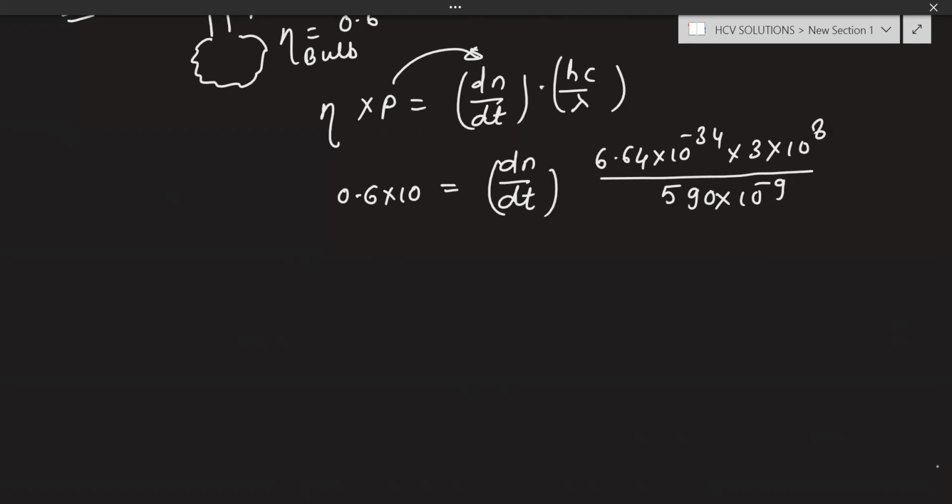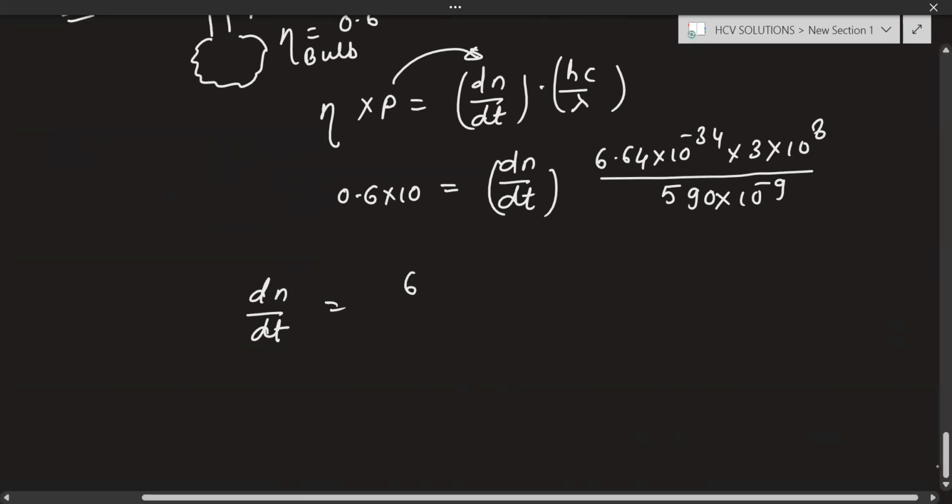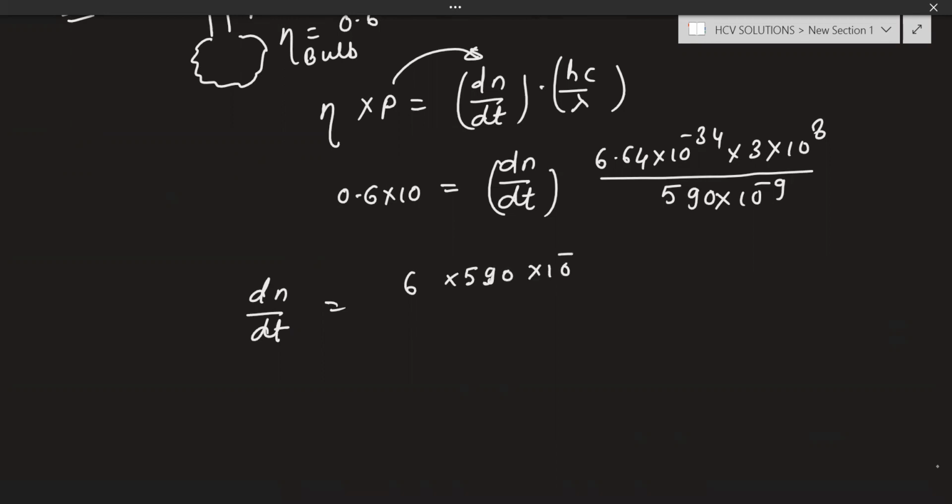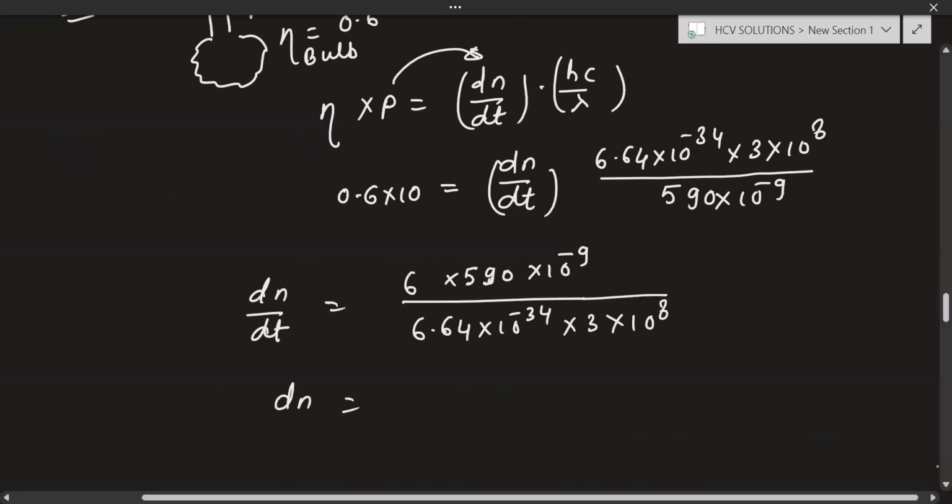So dn upon dt is 6 times 590 10 to power minus 9, divided by 6.64 10 to power minus 34 into 3 into 10 to power 8. So you have to solve this and we'll find dn upon dt, the number of photons per unit time.